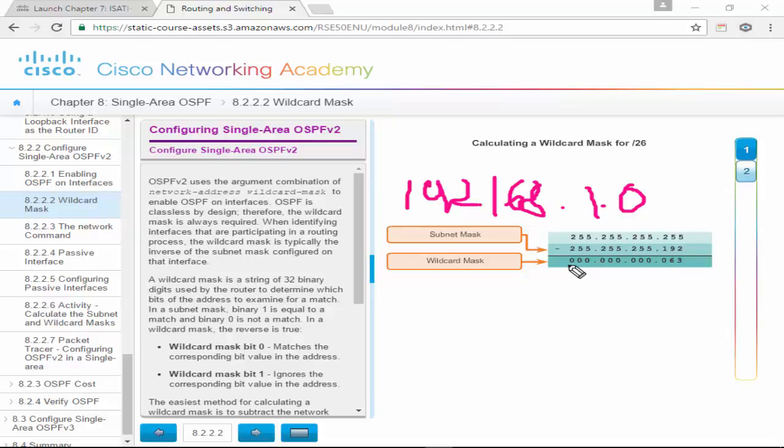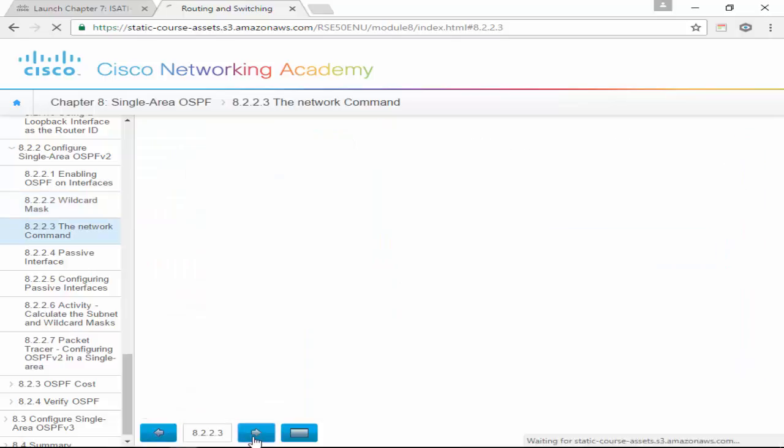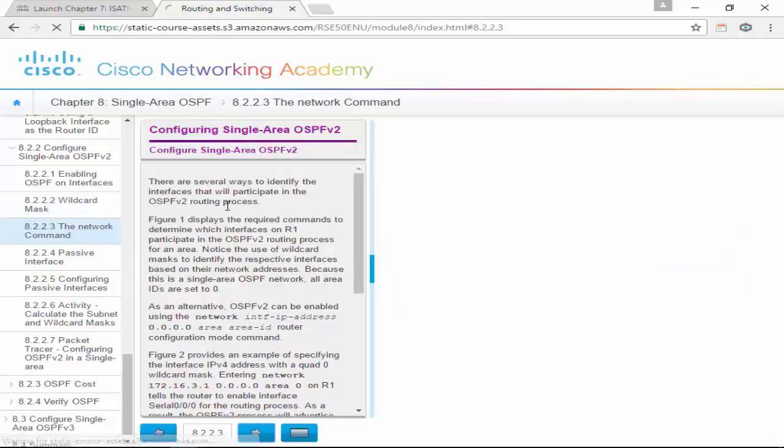If we want to see where our network ended, we would just add the wildcard, so our network would end at 192.168.1.63. That's one thing a wildcard can do for us. Other than that, it's just what we use in routing protocols and in access control lists. But make sure you read over that because these wildcard masks are not going away.